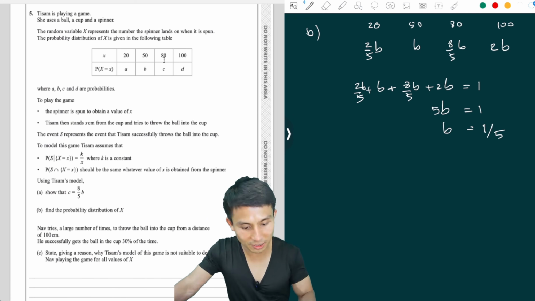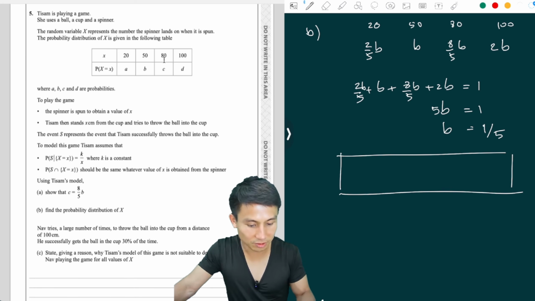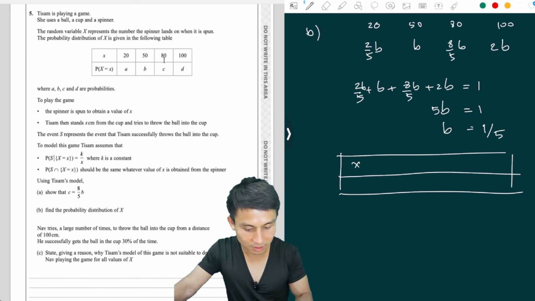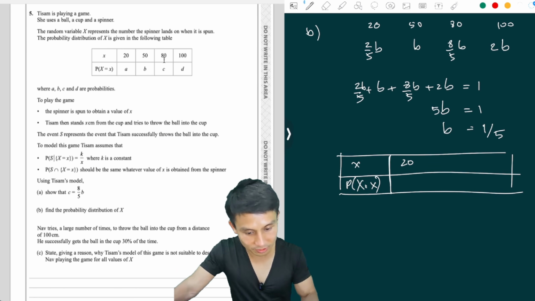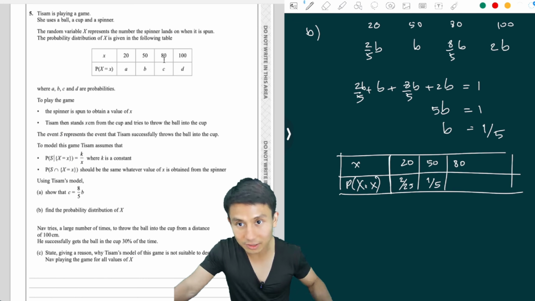So that means the distribution is now going to be, so for x equals 20 here, it's going to be 2 over 5 times 1 over 5. It's going to be 2 over 25. The next one is 50. So just 1 over 5 there. And the next one is 80, right?